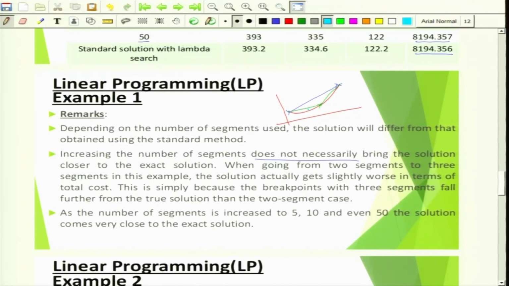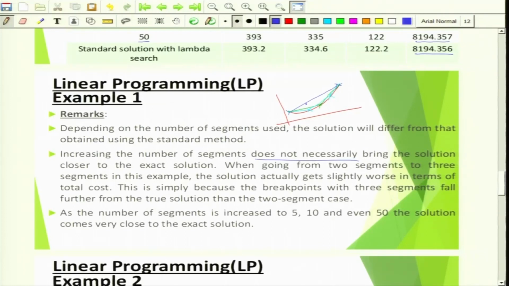I'll just divide it: one, let's say this is second and this is third, and it may come like this.